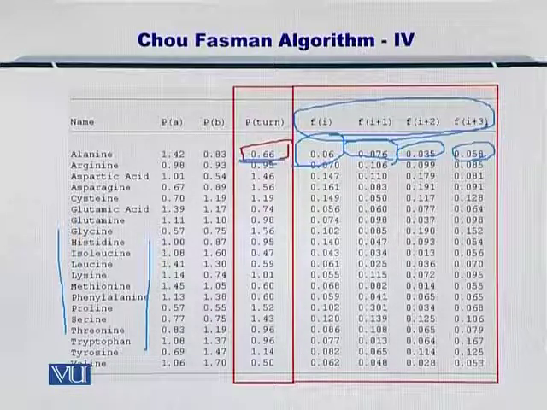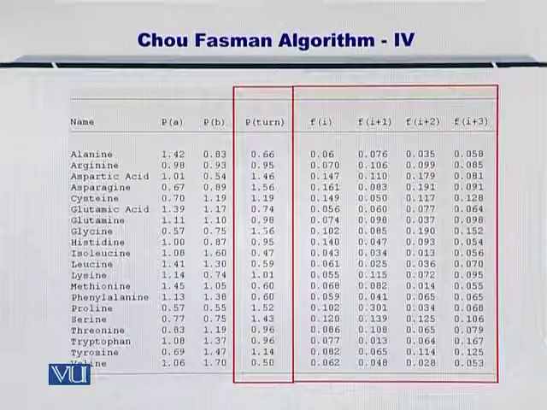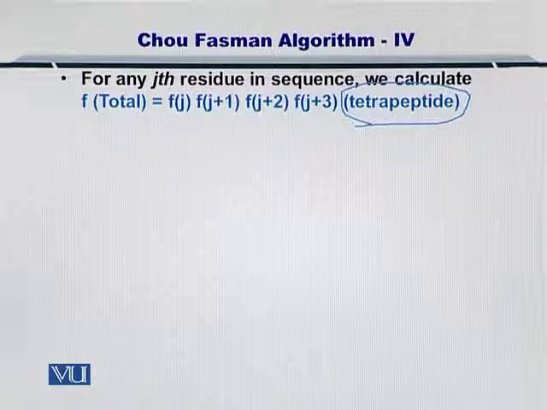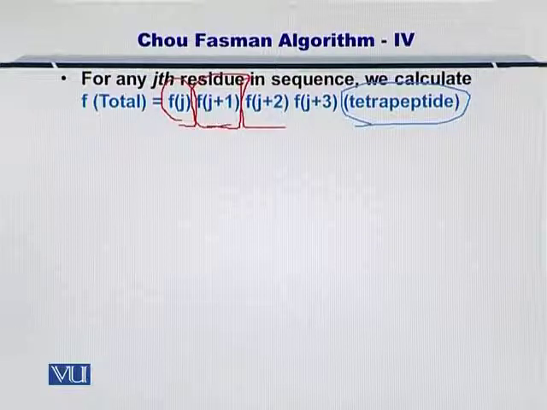So let's take a look at an example. If you have 4 amino acids given to you and you want to compute if they will form a turn, that is the secondary structure, then you can construct a tetrapeptide of 4 amino acids: Fj, Fj plus 1, Fj plus 2 and Fj plus 3.